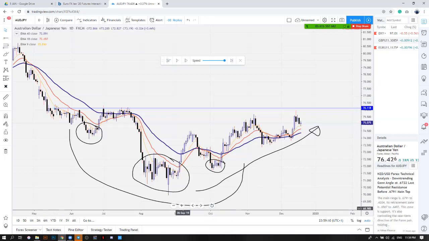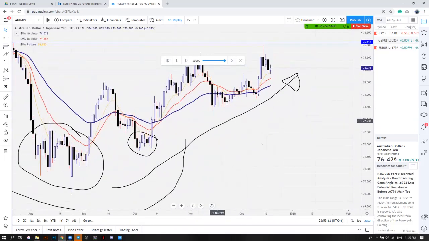Now, if you look at all the EMAs, the 9, 18 crossover here, the 40 EMA is beginning to spread out. Notice how they're all beginning to spread out.